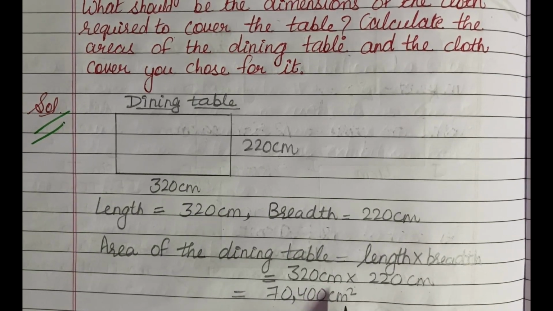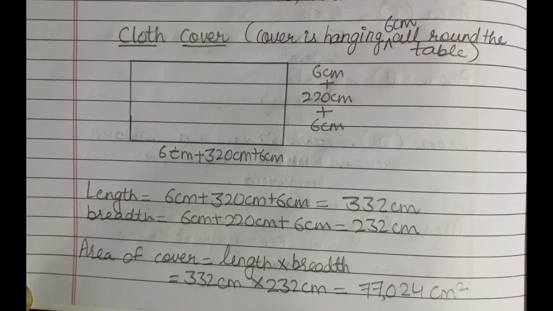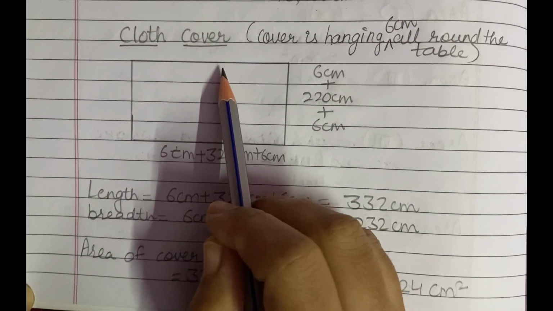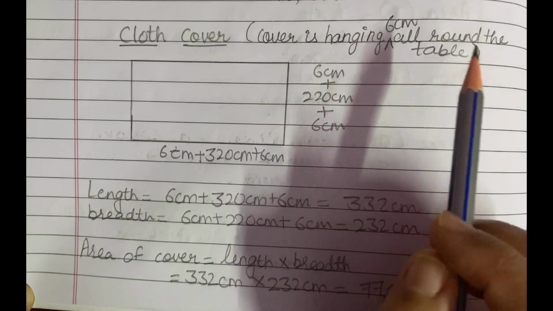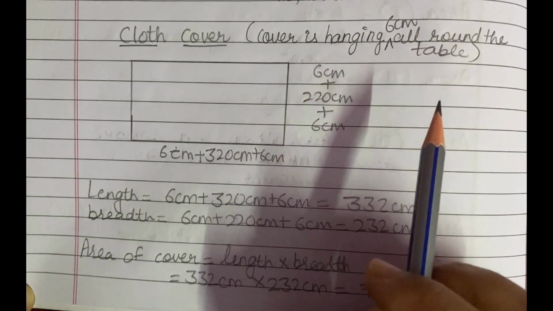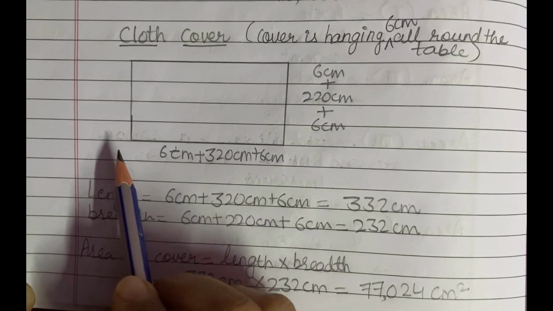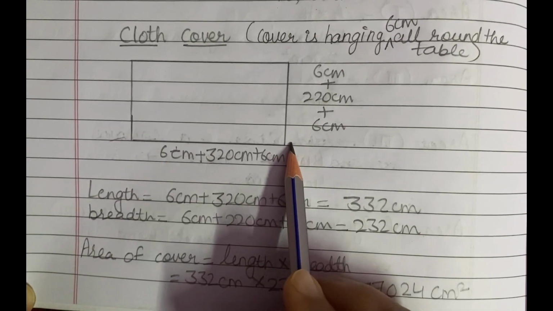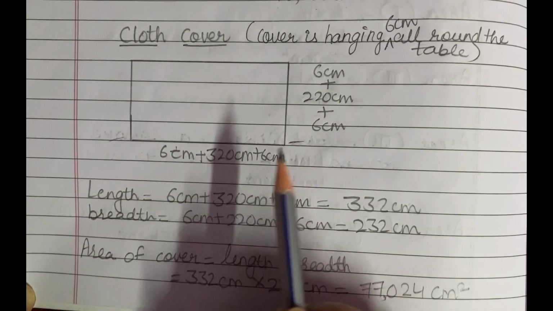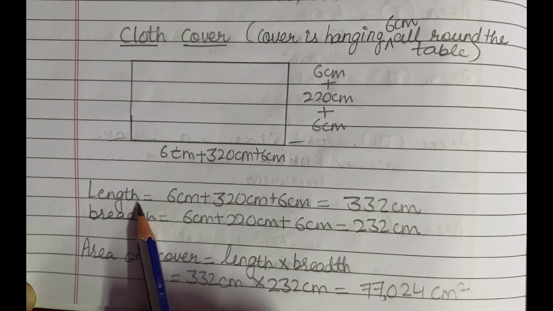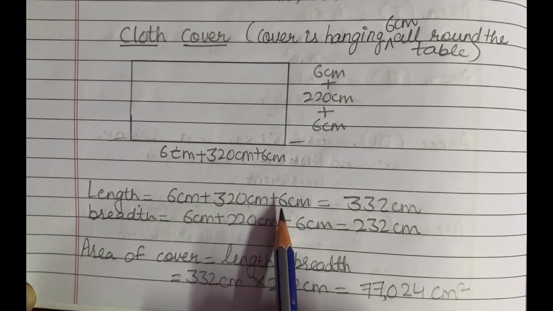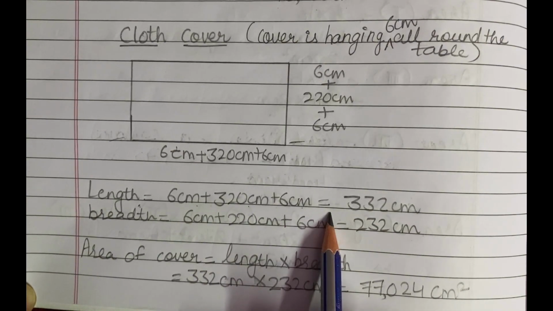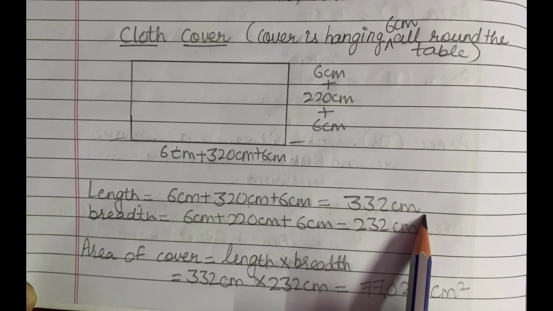Now let us talk about the cloth cover, and this cloth cover is hanging 6 centimeter all round the table. So that means in the length, 6 centimeter from left and 6 centimeter from right will be added. So the length of the cover will become 6 centimeter plus 320 centimeter plus 6 centimeter, that is equal to 332 centimeter.